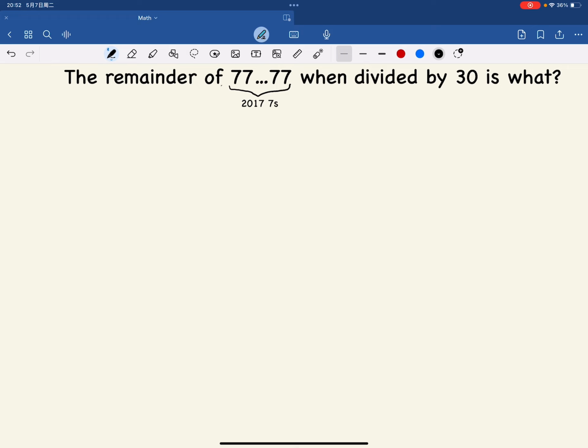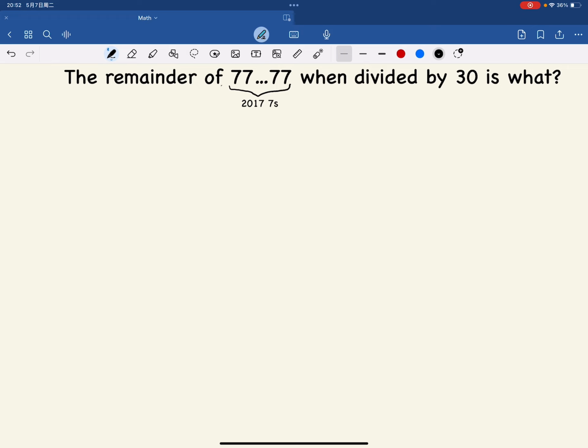So in this number, we know that there's 2017 sevens. So then we have to find if it's divisible by 3 first. To find out if it's divisible by 3, we need to know the total of its digits.